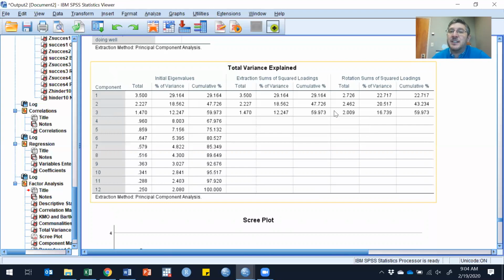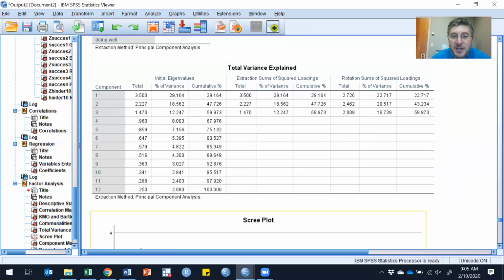I've seen other people argue that in the social and behavioral sciences, our measures are a little more messy and more abstract. Explaining 50% of the variability in the item set is a good goal to achieve, and I think that's what the Beavers article argues for too. So explaining around 60% of the variation in the item set, I would say is pretty good in this case.